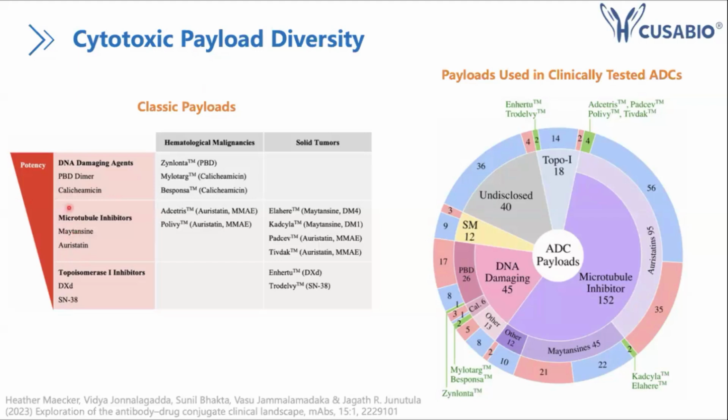The first category is the microtubule inhibitors, which are commonly seen in the second generation of ADCs. Another category is the DNA inhibitors. For the DNA inhibitors, we can further divide them into DNA damage agents and topoisomerase inhibitors. In the topoisomerase inhibitor class, there is another famous cytotoxic payload that people may be familiar with.